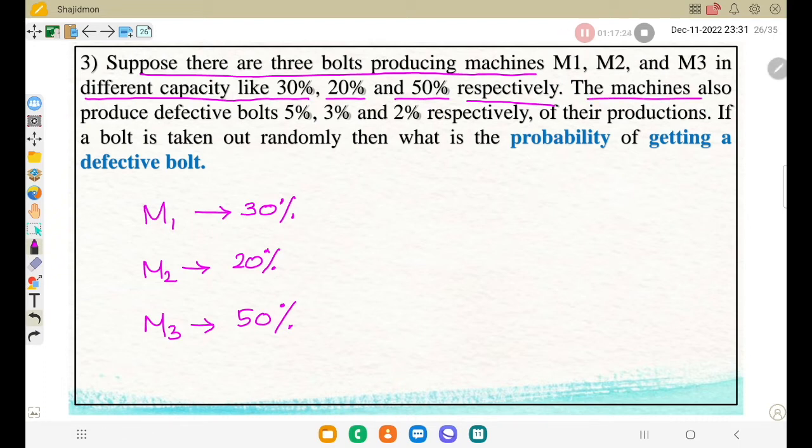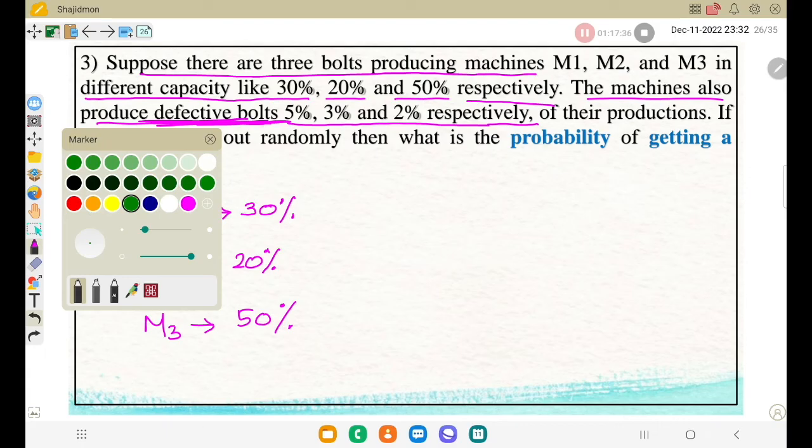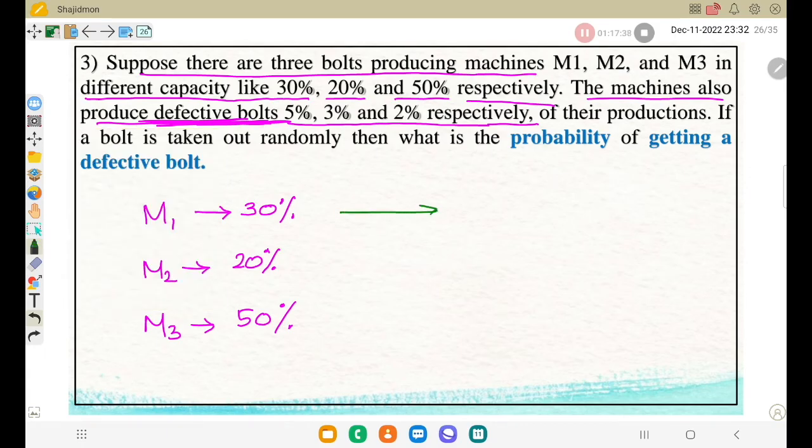Now the machines also produce defective bolts. This is our main idea, defective bolts, correct? For example, 5%, 3% and 2% respectively. That means from machine number 1, 5% of production are defective bolts. Machine number 2, 3% of production are defective bolts.